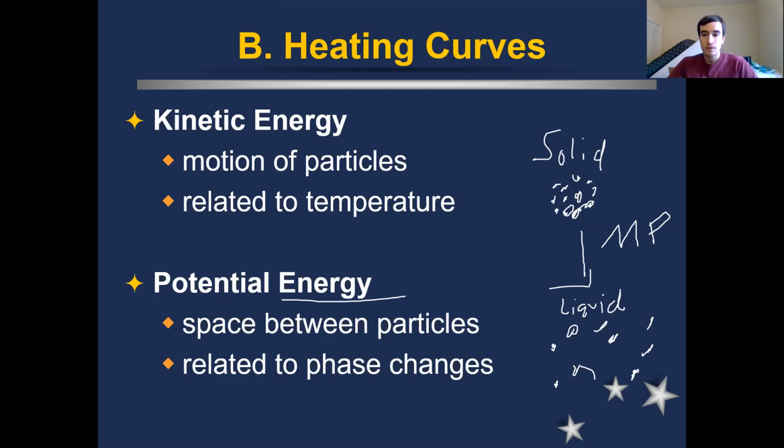And so now, instead of getting hotter, the energy that we're getting is going into spreading these particles out from one another. So we need energy in order to spread those particles out, just like we need energy to make the particles move faster through temperature. I know that explanation maybe isn't making things super clear, but I'll show you a chart in just a second that hopefully will explain things a little bit more.